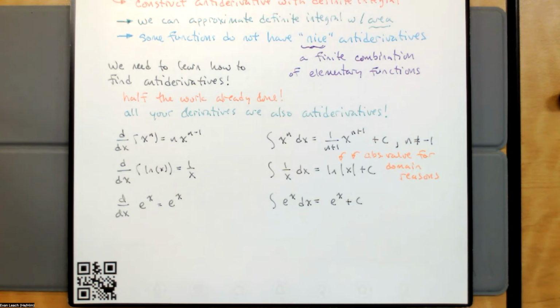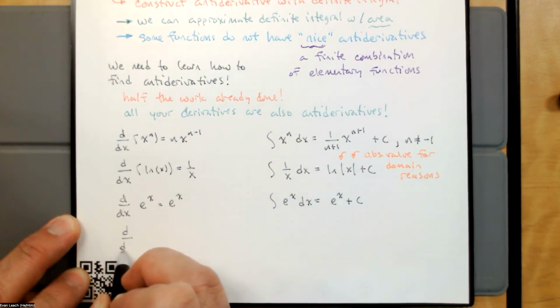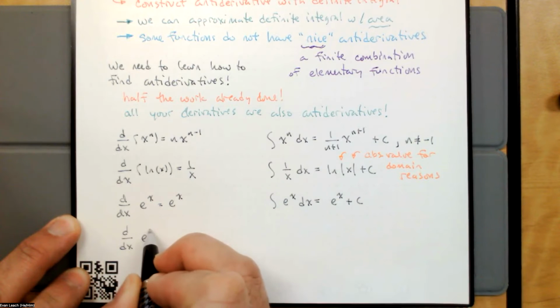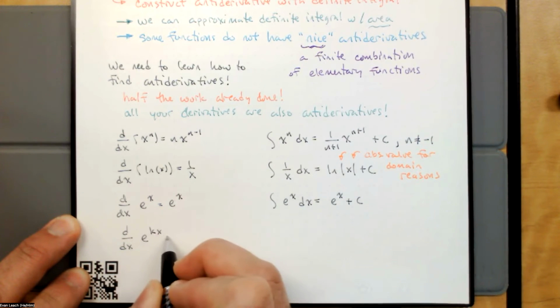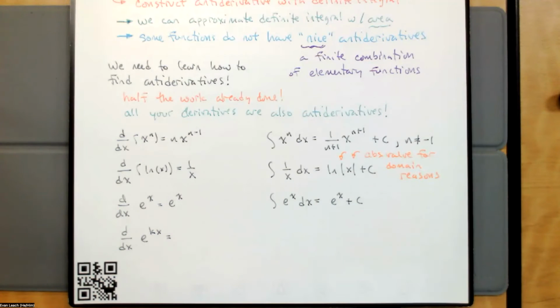We need the variations on this as well. Remember, we're playing the inverse game. So if we had a constant k, the derivative of e to the kx, here we have the simplest application, actually the second simplest application of the chain rule. The derivative of e to some constant times x, we know is e to the kx times the derivative of kx, which is equal to k.